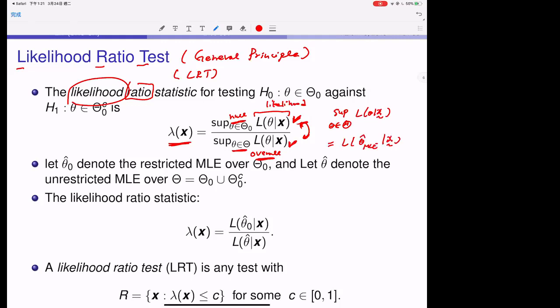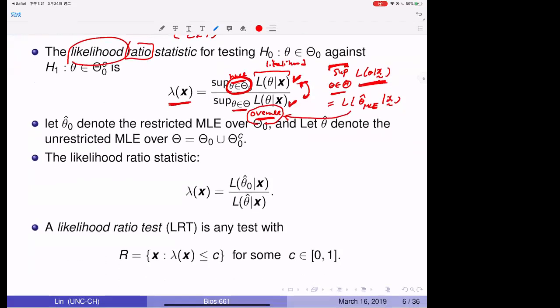You are under overall space and finding the theta that maximizes your likelihood function. So it's really nothing but finding the MLE right here under overall space, easy, regular MLE. But pay attention to this guy, also finding an MLE as well, but under null space.